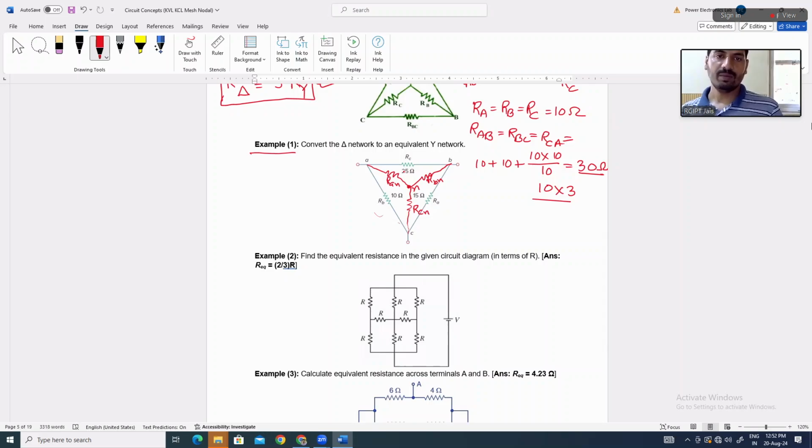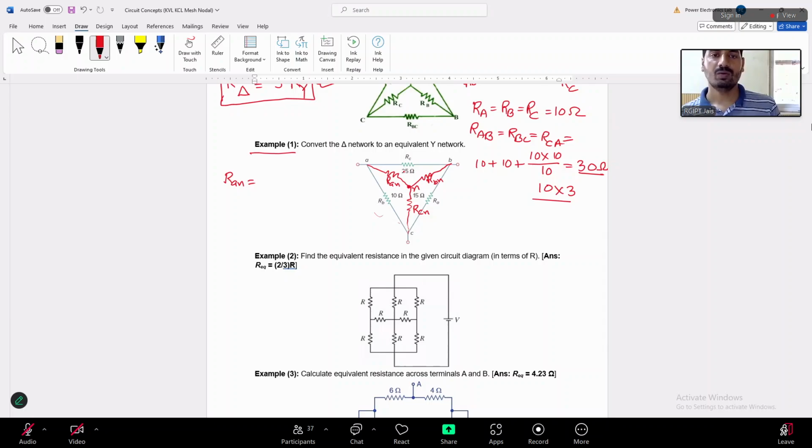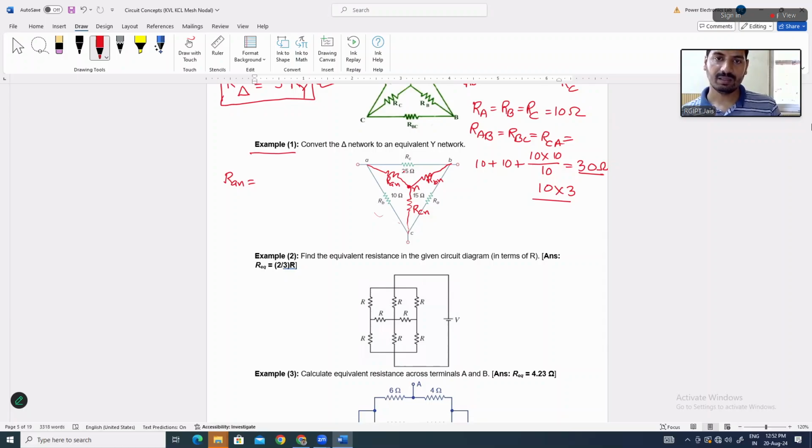Okay, so from delta to star conversion we know that, एक के लिए हम calculate कर ले रहे हैं, RAN is equal to, हमको in terms of delta connected network लिखना है. Okay, so star connected resistance RAN, the value of star connected resistance will be equal to, numerator में रहता है multiplication of two adjacent arm values.